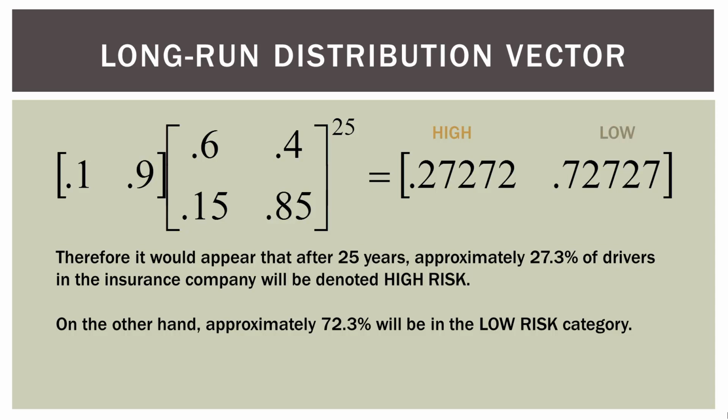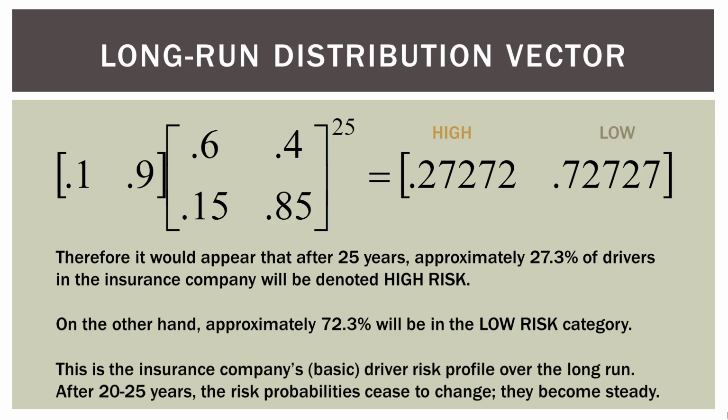The probability that that new customer is in the high risk category 25 years from now is a little bit over 27%, or 0.27272. It's pretty cool.